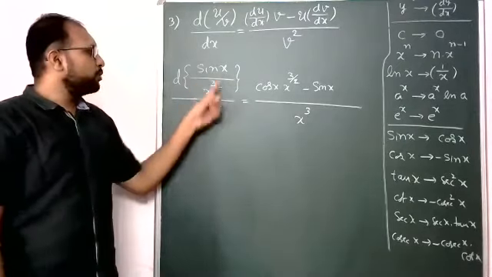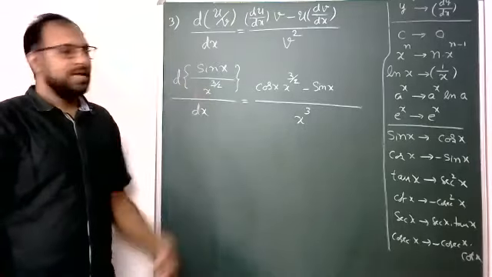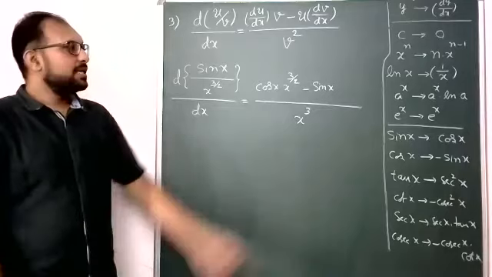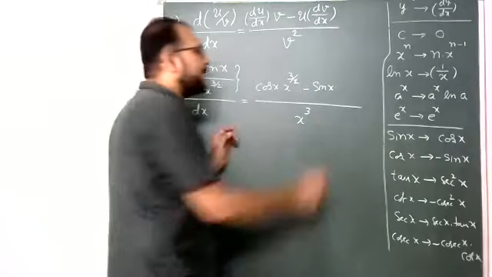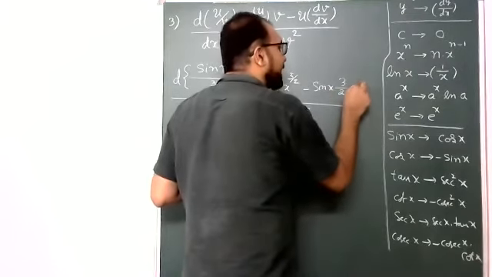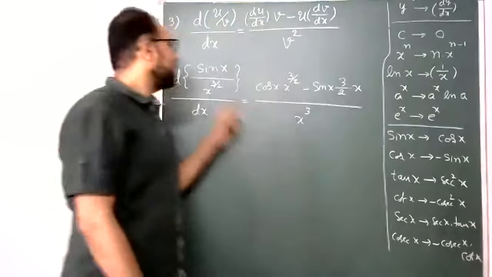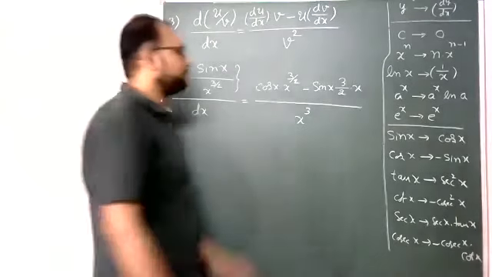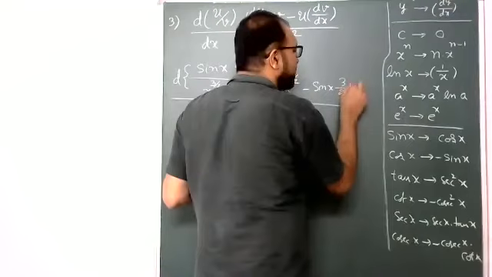But here I am using rule number 3, u by v, so n is 3 by 2 only. So 3 by 2 into x to the power of 3 by 2 minus 1, which means 1 by 2. And x to the power of 1 by 2 means, students, root x.